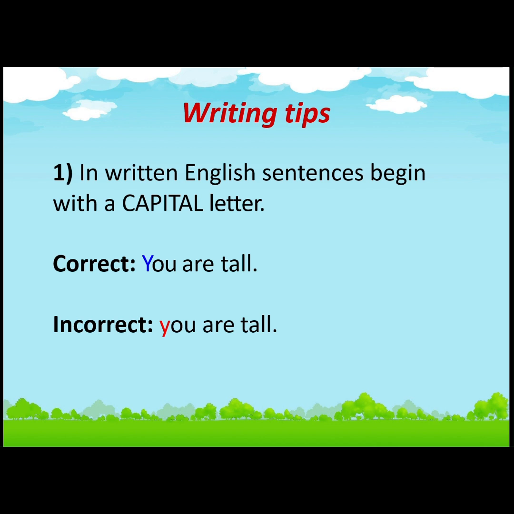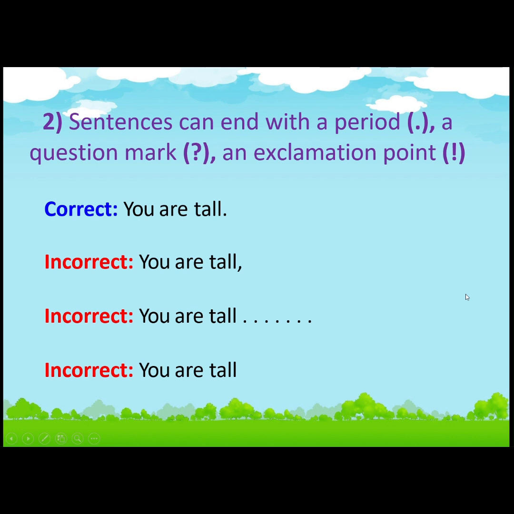A capital letter is the first beginning or the marking that it is a new sentence which has begun. The next tip: sentences should have an ending note. Whether it's a normal statement with a full stop, if it is a question, a question mark, or if it is a sentence expressing emotions, an exclamation mark.